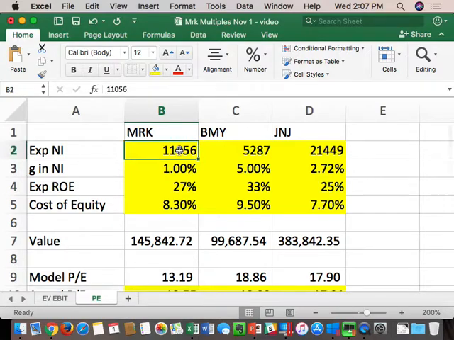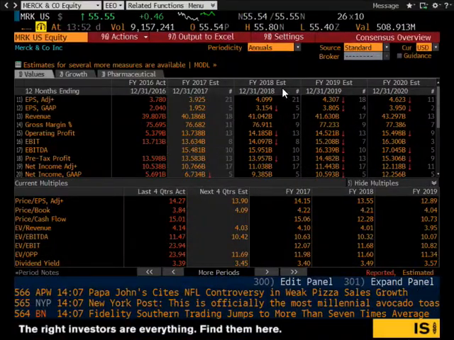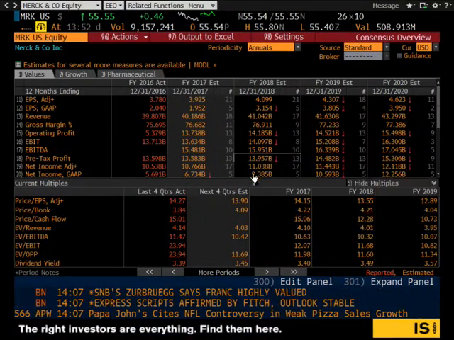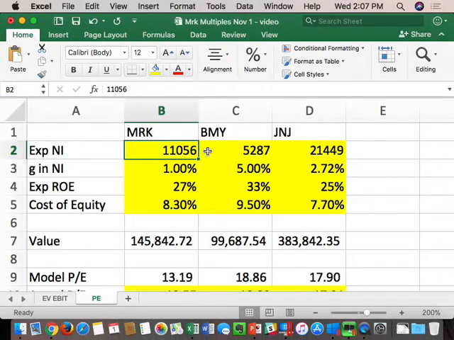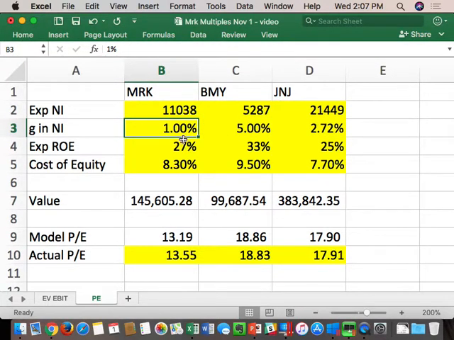Their adjusted net income is 11,038, changed a little bit.